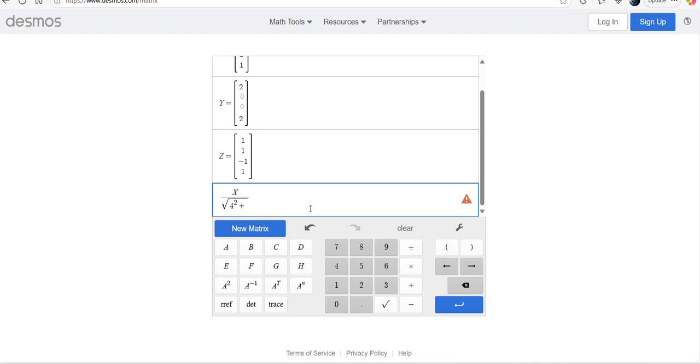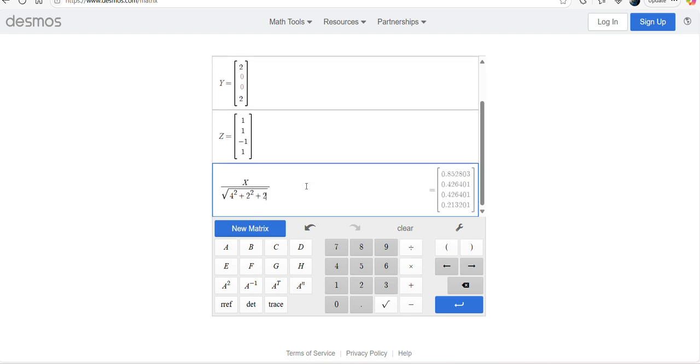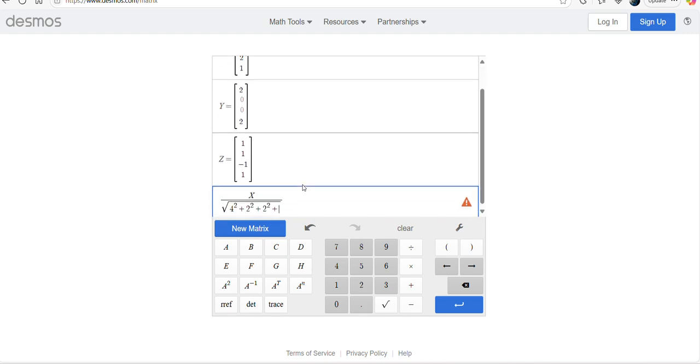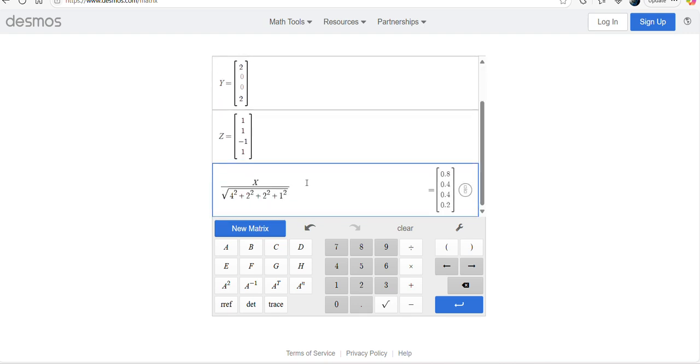Hold on, I was starting with the square root. I'm just going to do this: 4 squared plus 2 squared plus 1 squared.